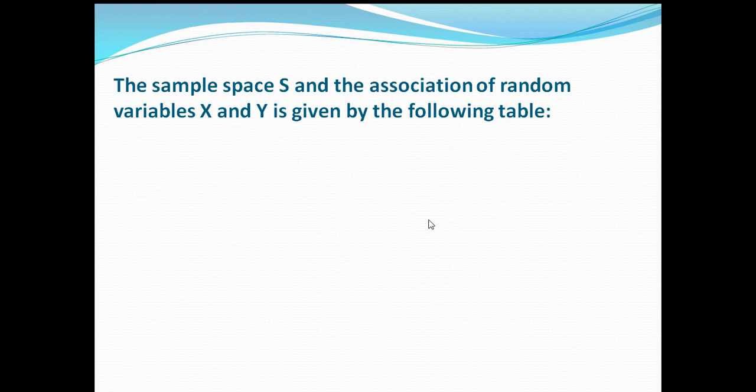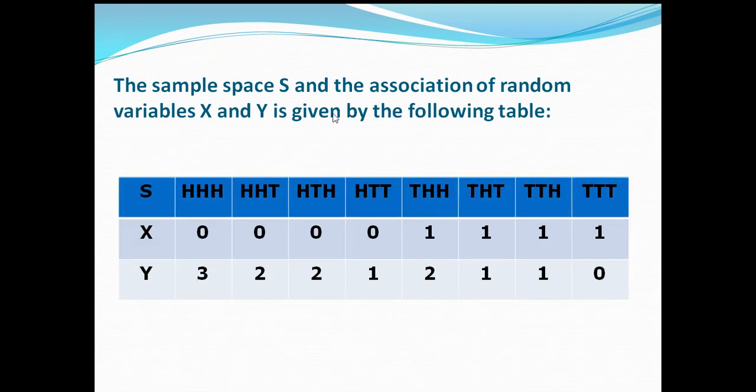The sample space S and the association of random variables x and y is given by the following table. S represents the possible outcomes when a coin is tossed thrice, and X represents 0 and 1: 0 when H occurs in the first toss, and 1 when T occurs in the first toss.